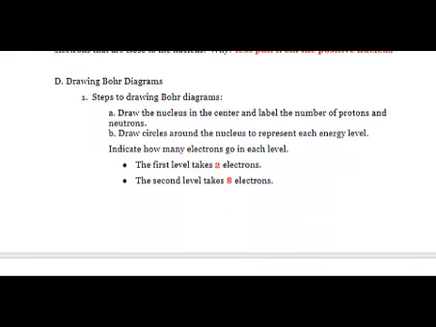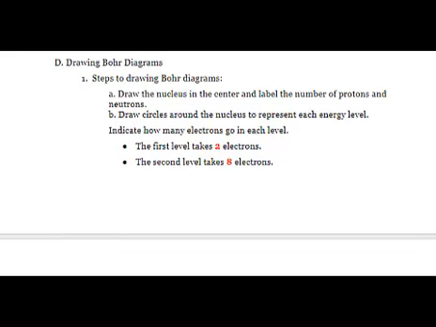Before we move on to quantum mechanical, we're going to talk about how you could draw a Bohr diagram. There are steps to drawing a Bohr diagram, pretty easy. First, we're going to draw the nucleus in the center and label the number of protons and the number of neutrons. Remember, the proton plus neutron gives you the mass number of an element. Then we're going to draw circles around the nucleus to represent each energy level.